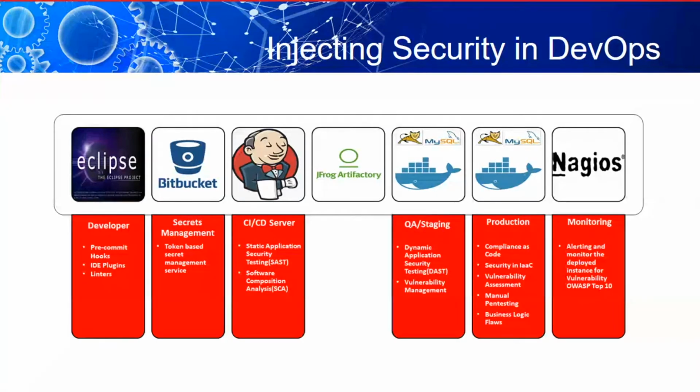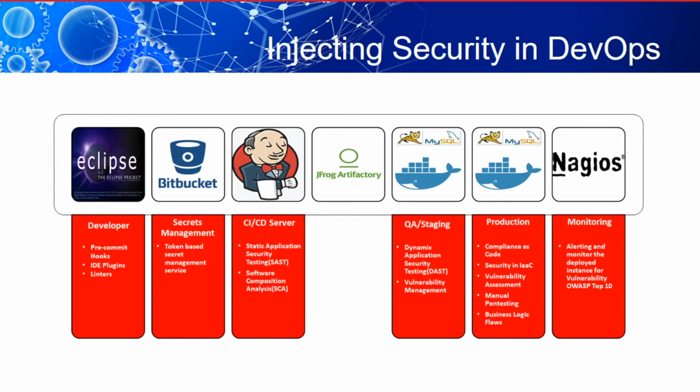So you can see this is the overall life cycle of DevSecOps, in which we have a lot of different phases from developer to monitoring. In the developer phase there are pre-commit hooks, for which we use Git hooks and Git secrets. For example, the developer has written a code.